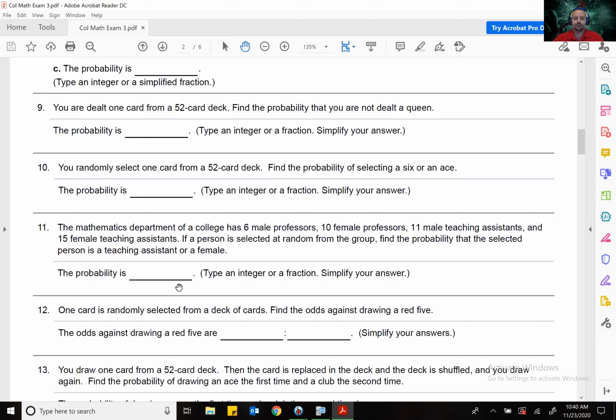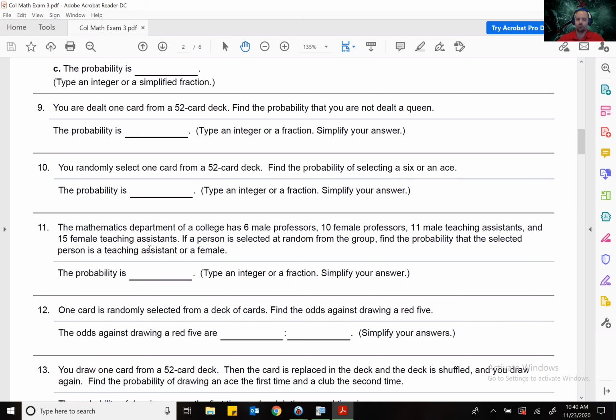Okay. So the question is, is this mutually exclusive or not? And again, to be mutually exclusive, they cannot happen at the same time. So is it possible that I can have a female teaching assistant? And the answer is yes. So these two can happen at the same time, because right here, 15 female teaching assistants. So this event is not mutually exclusive.